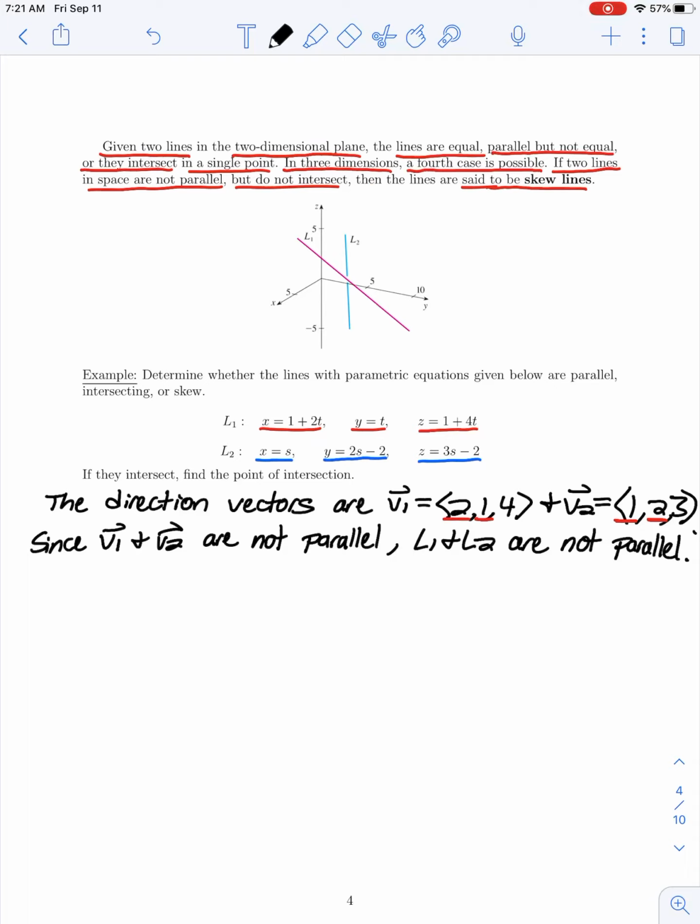To determine if they are intersecting or skew, we would compare the parametric equations for x, y, and z for these two lines.